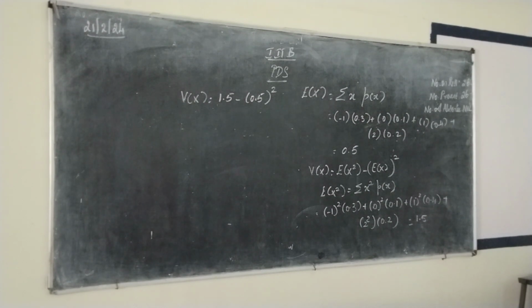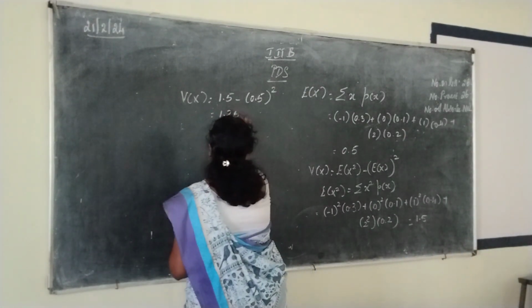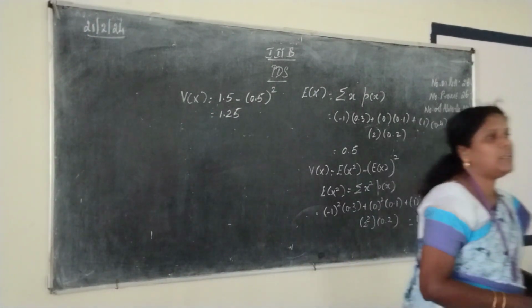Make a simple calculation. Variance of x is 1.25.